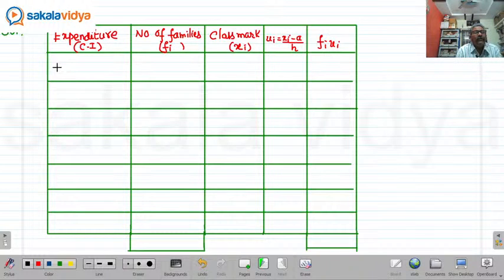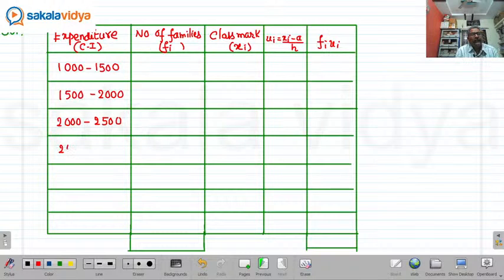This is 1000 to 1500. Next 1500 to 2000, 2000 to 2500, 2500 to 3000, 3000 to 3500, 3500 to 4000.